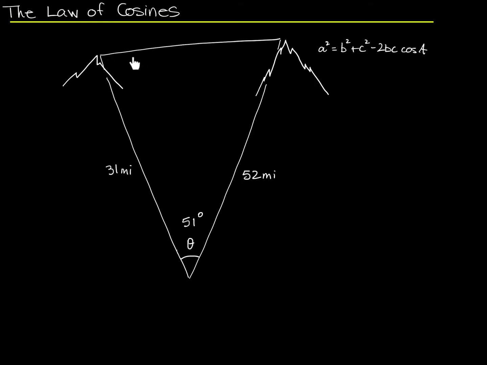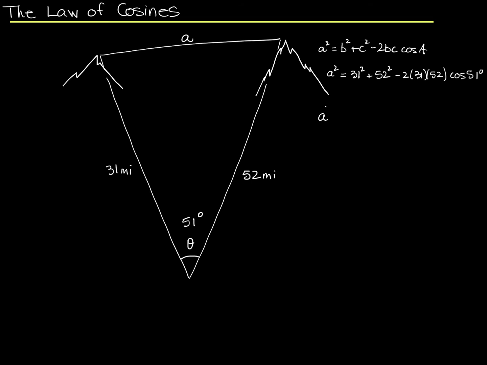Since I know I'm looking for the distance between the two mountaintops, I'm going to let that be my A. And that way I can very easily plug in B and C and angle A and get my answer. So I have a squared is equal to 31 squared plus 52 squared minus 2 times 31 times 52 times the cosine of 51 degrees. And the rest is calculator work.